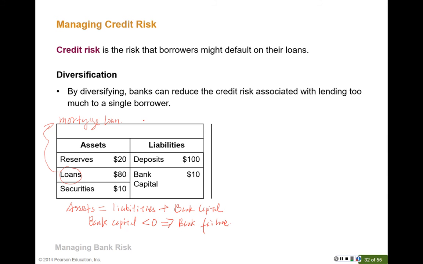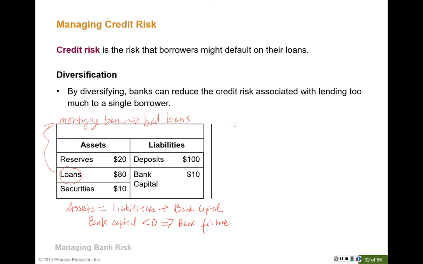What happened to the value of the mortgage loans? Because many people lose their jobs and many people have bad credit, they are not able to pay back the mortgage loans, so the mortgage loans this bank lent out become bad loans.